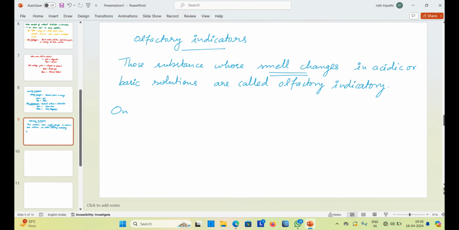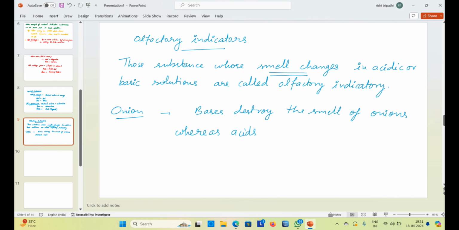Like onion. Bases destroy the smell of onion, whereas acids cannot destroy the smell of onion.